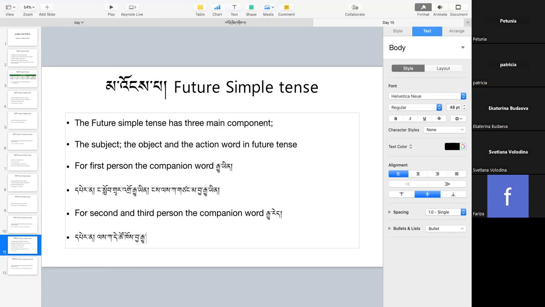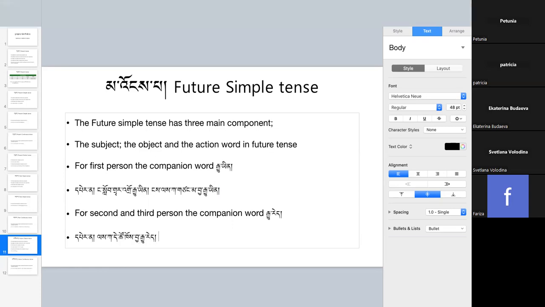Chegyu re. Or if you want to add this, chegyu re to.